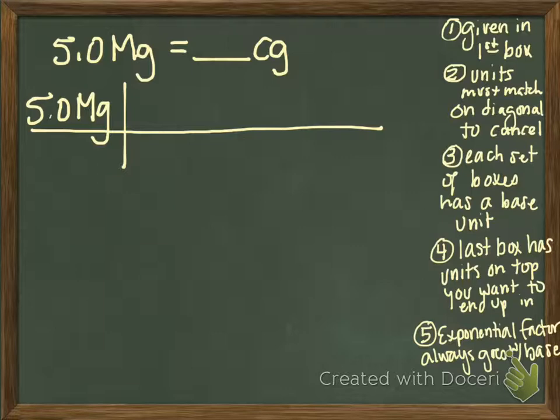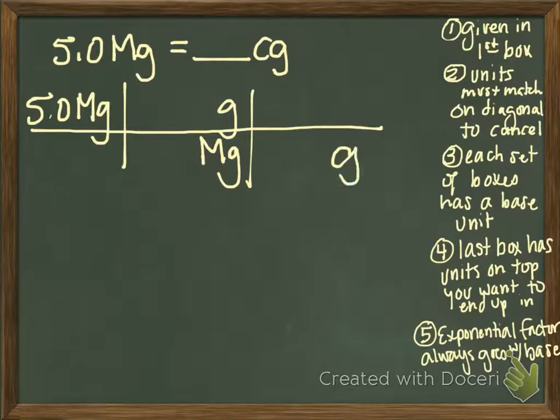So when we look at our second box, the units on the bottom have to be, that's right, megagrams. And each set of boxes has to have a base unit. Since we're going from megagrams to centigrams, the metric base unit is once again grams. Referring back to Rule 2, units have to match on the diagonal so that you can cancel them.